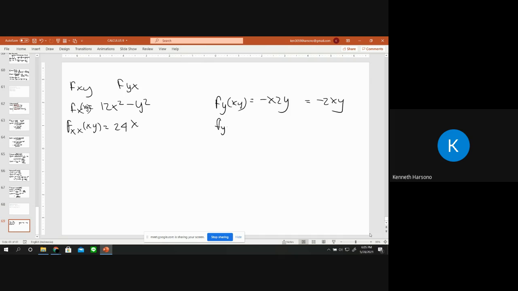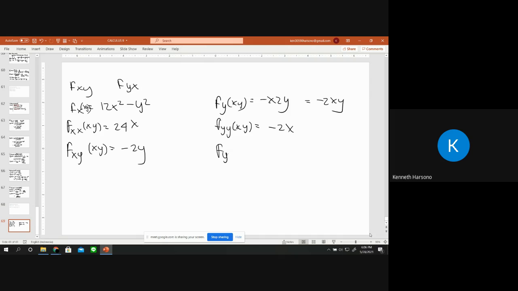The second derivative of y, fyy, is just minus 2x. And fxy: you derive this one with respect to y, so this just becomes minus 2y.